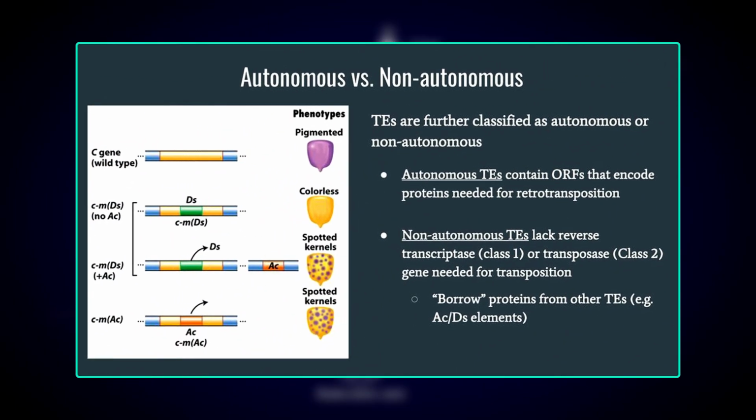Transposition of an element is thus a recombination reaction involving three separate sites: the two transposon ends and the new target locus. In autonomous transposable elements, the transposase is encoded by a gene located within the element.